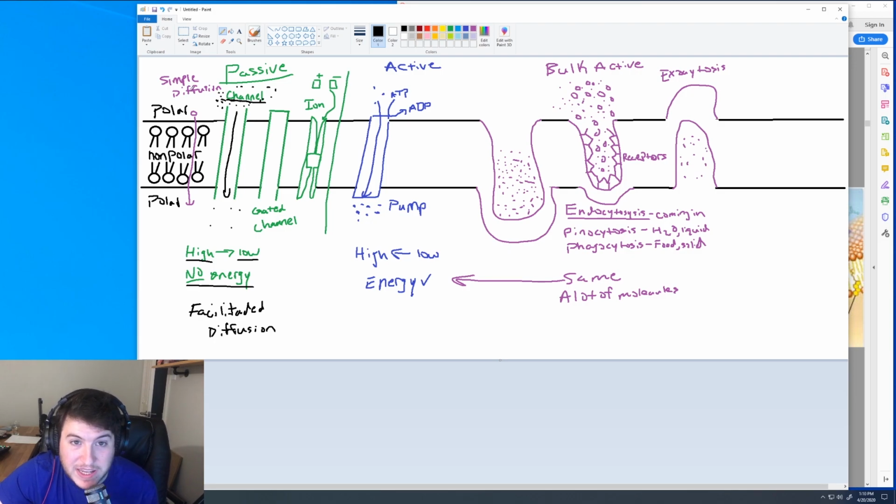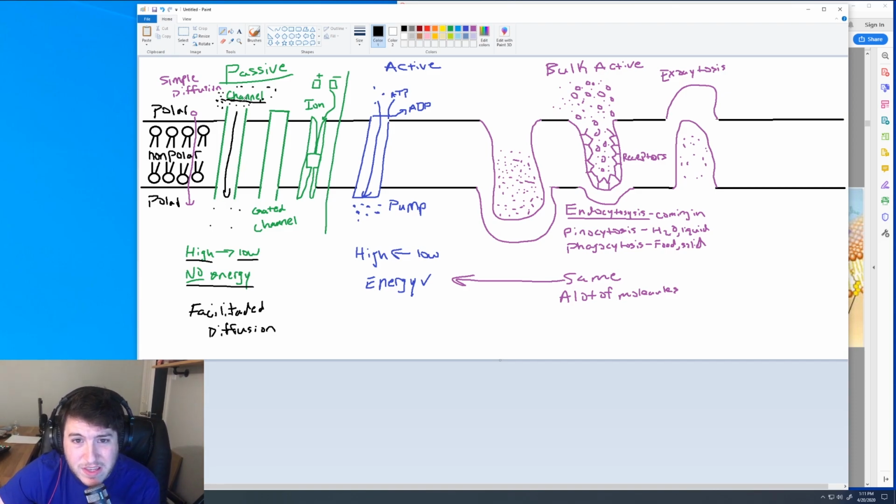It's not simple. It can't just easily pass through by itself. We're diffusing because we're still doing passive transport, but this is facilitated because we need the help of the protein. Basically, these molecules are too big or they have too much of a charge to get through. So this could be something like water, or something that has a charge like sodium or potassium. Anything that has a charge can go through these channels.